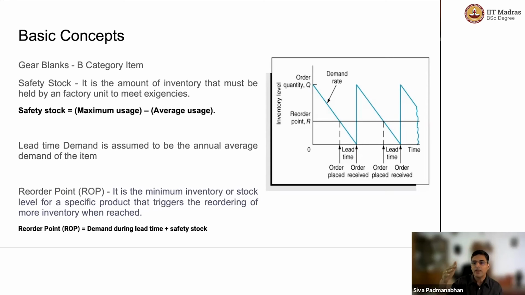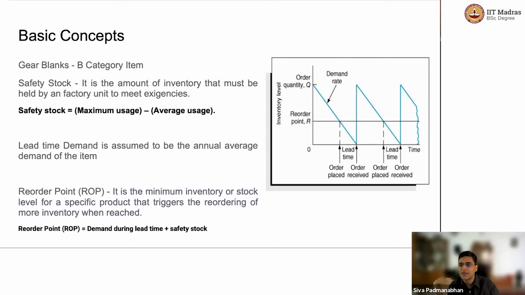When it crosses that line called reorder point, that means it has gone below a certain level called reorder point. Immediately, I want to place an order with my supplier. And the amount that I want to order is called the reorder quantity. And the level at which this order is placed is called the reorder point.